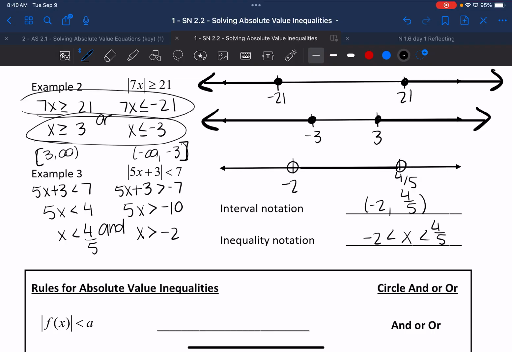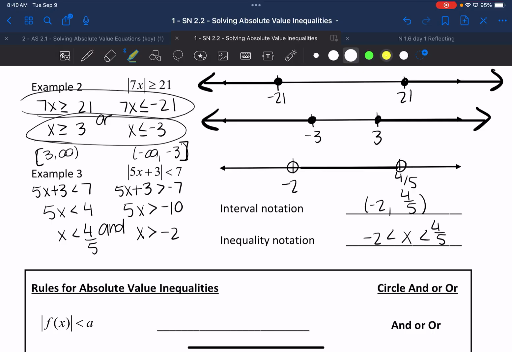So, looking at the 3 examples we just did, do you guys notice a pattern so that we might be able to predict if it's going to be an and or an or before we ever start? What would that pattern be? If the x is less than the number it's and, it's greater than x. Perfect.